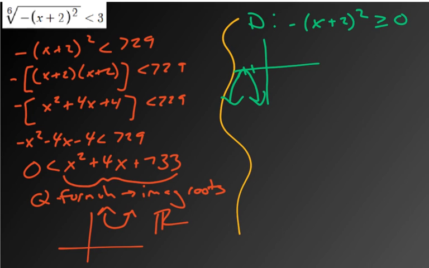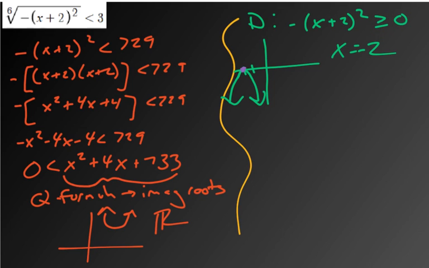And we want to know when this thing is greater than or equal to 0, and it's almost never greater than or equal to 0, right? It's always down here in the negatives, but right on the x-axis, it's going to be equal to 0. So if you write the answer to that, you would literally just say x equals negative 2. That's the only thing you could ever plug in here and get greater than or equal to 0. It's not greater than, but it's equal to 0, sorry.